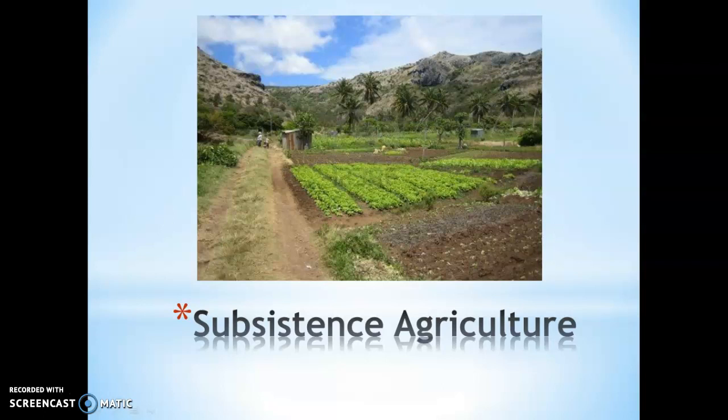One of the types of shifting cultivation that we've talked about is slash and burn, where you go in and just slash away at all the vegetation and burn off the rest that's there. Burning those off puts some nutrients back into the soil.